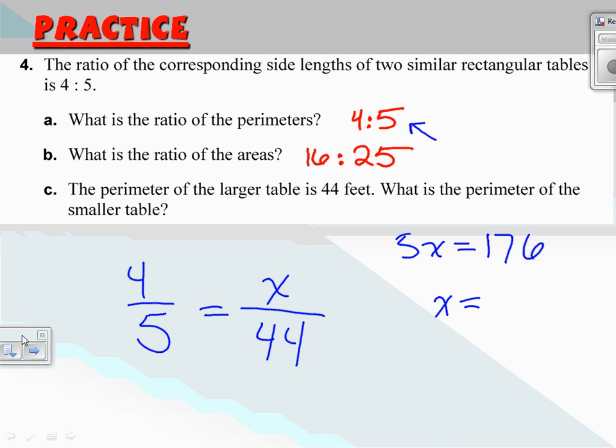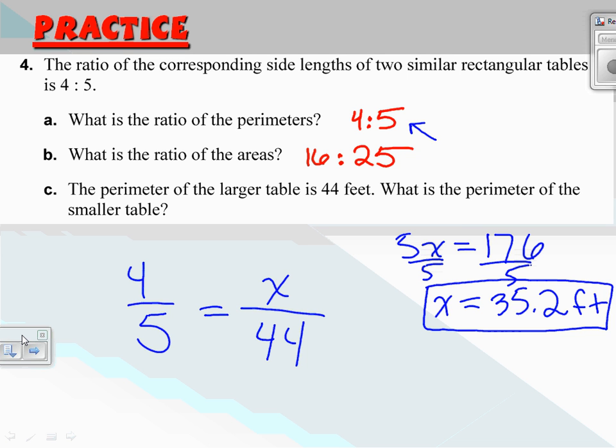We're going to divide both sides by 5. 176 divided by 5 is 35.2 feet. That's the perimeter of the smaller shape. Okay, I know that was tricky. I'm hoping you try your best on the homework tonight. Well, let's try one more example.